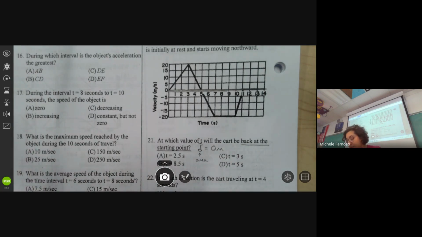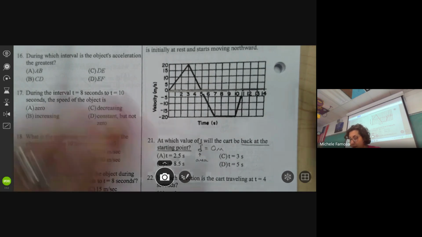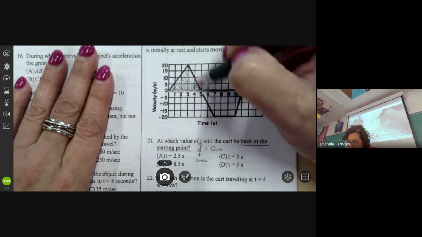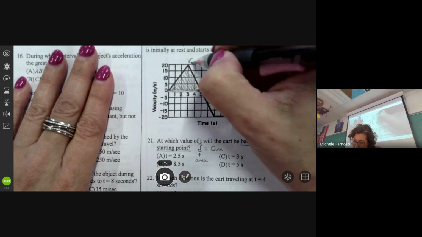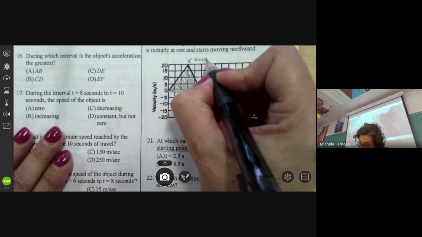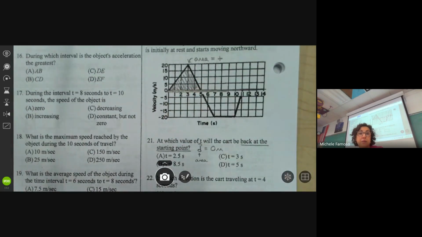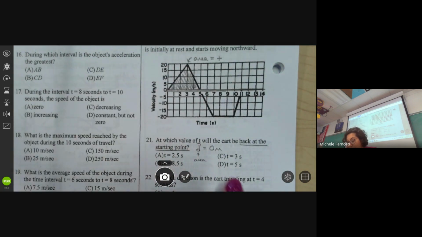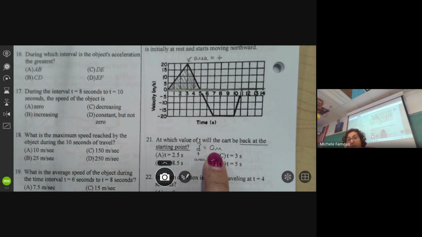So that means if I were to start shading in areas, notice that everything between 0 and 5 seconds is going to give me an area that is positive because I'm above the time axis. The area between 0 and 5 is only positive. I need a value for an area of 0.